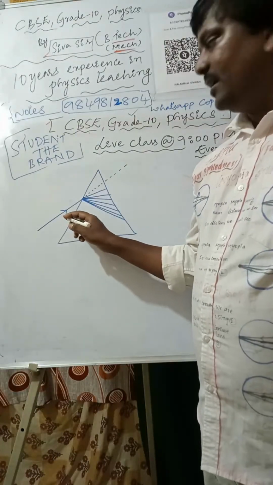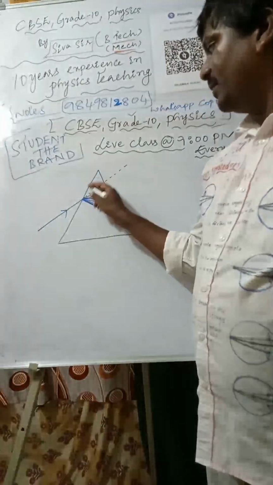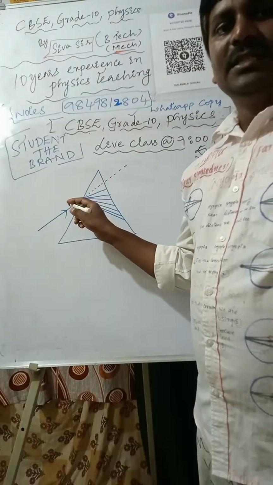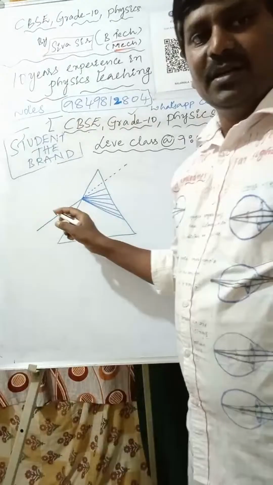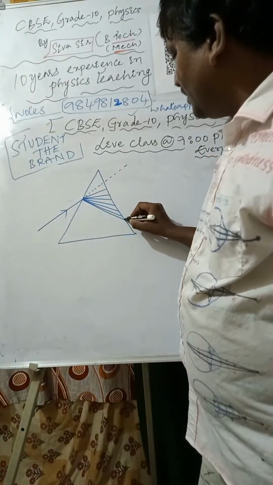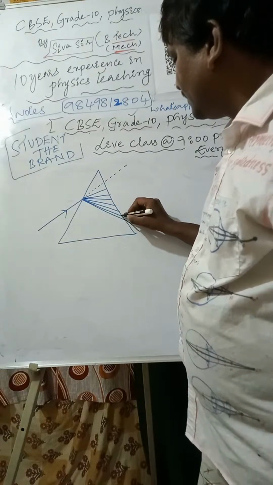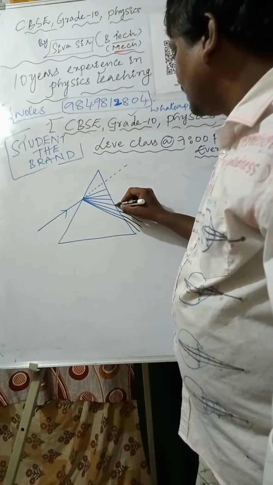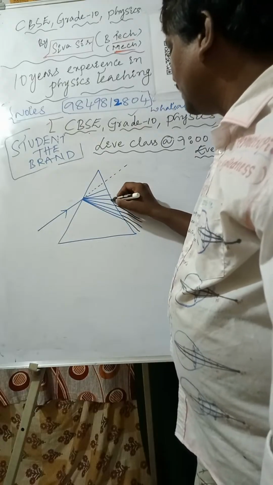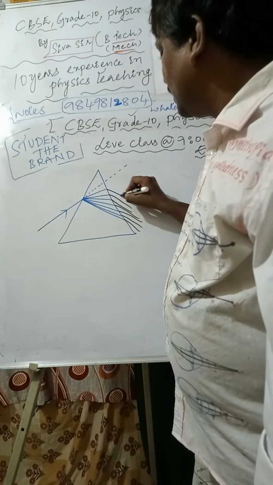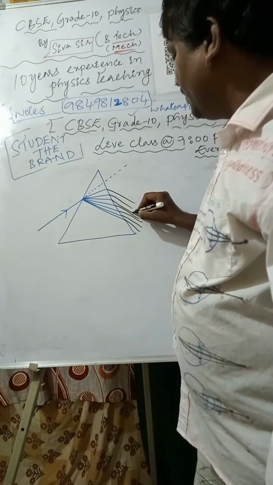After passing through the prism, the incident ray is split into 7 colors. They come out like this, and those 7 colors will form like a band on the screen.